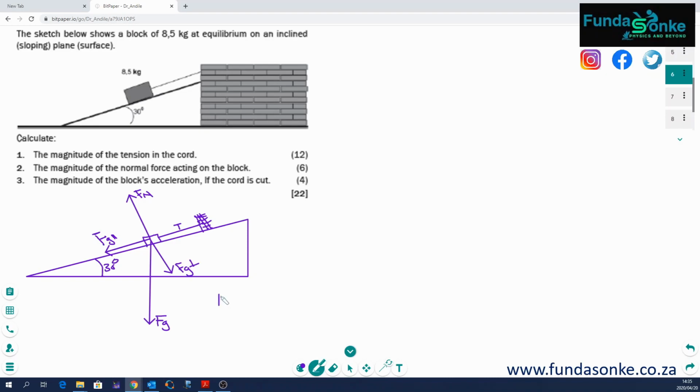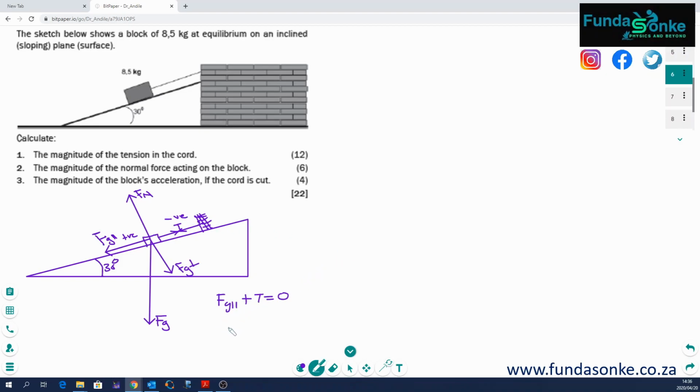So we're saying now our Fg parallel plus our tension should be equal to 0. And in this case, we're going to assume that the force acting downwards the plane is positive, while the force acting up the plane to be negative.